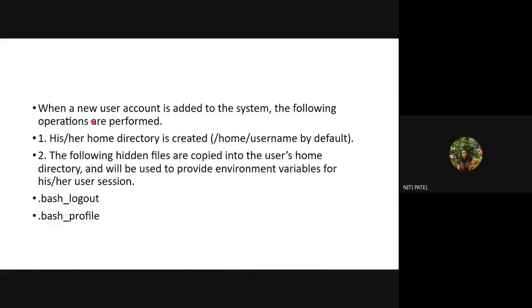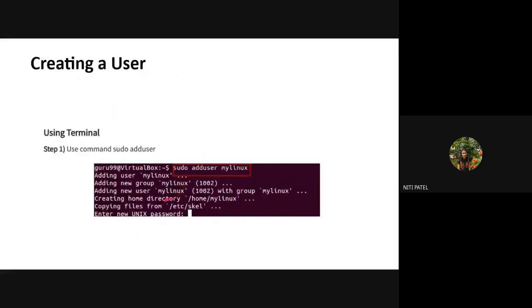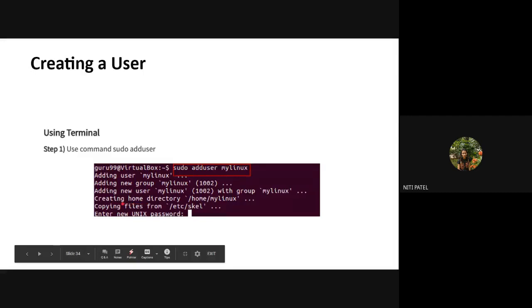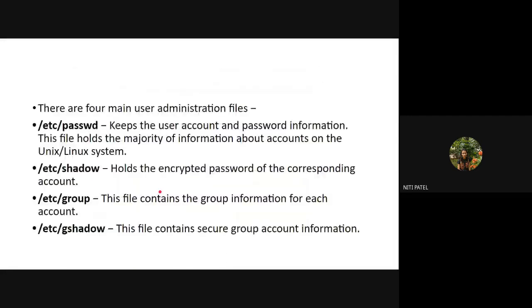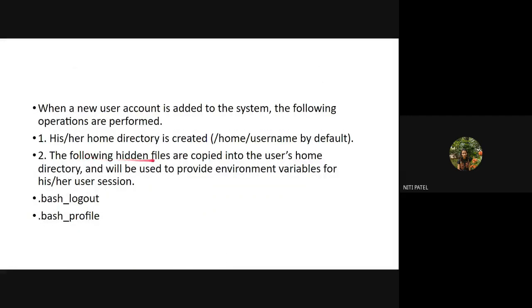Okay. When a new user account is added to the system, the following operations are performed. His or her home directory is created. So we just saw that, creating a home directory. The following hidden files are copied into the user's home directory and will be used to provide environment variables for his or her user session.